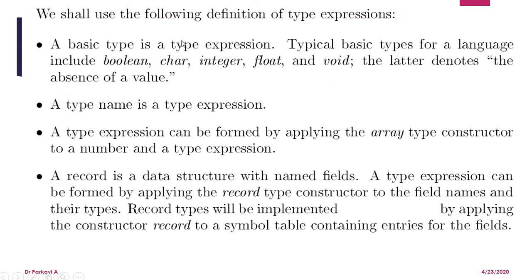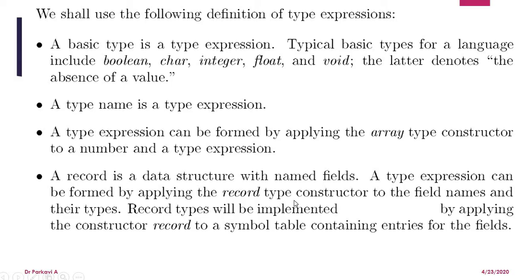The type expression may be of a basic data type like boolean, character, integer, float or void. The type expression will have a type name. It may be of an array type constructor or it may be a record type also. Array type constructor means int a of 10. These are some examples.